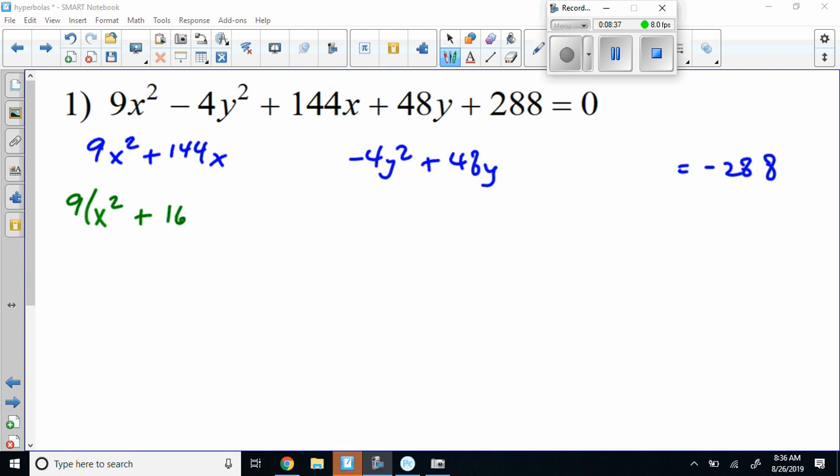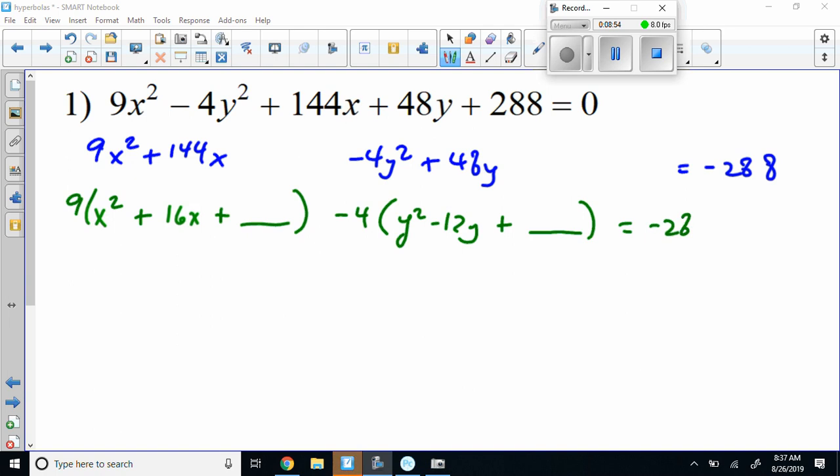All right, so that's plus 16x. Then we have something that's going to complete our perfect square trinomial, right? And then we're going to have minus 4 times y squared minus 12y plus something, equals negative 288.